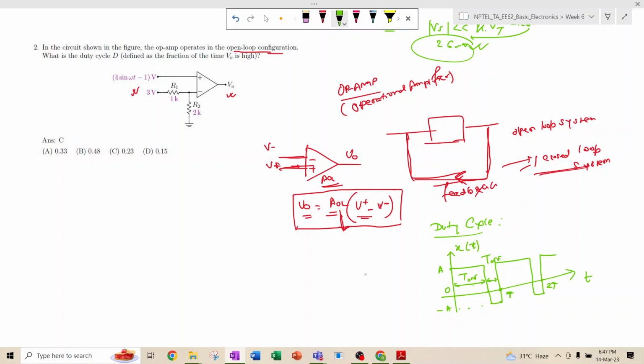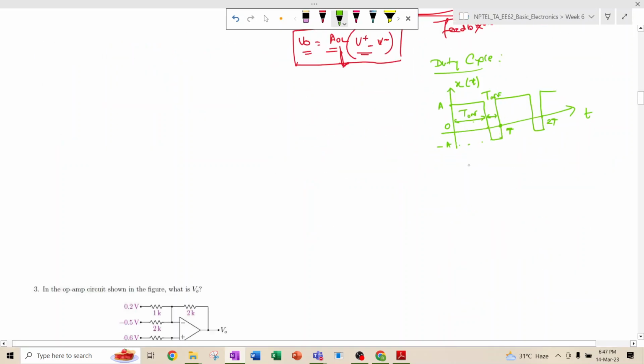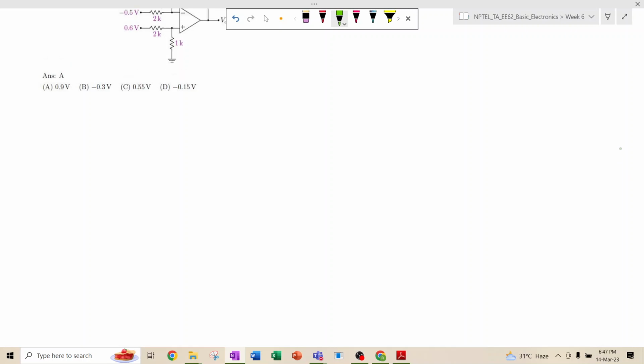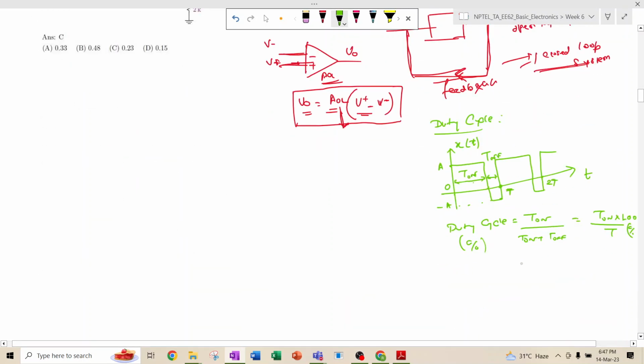So the duty cycle is T on divided by T on plus T off, that means T on divided by the entire time period T. We generally refer to duty cycle as a percentage, so if we multiply by 100, we get the percentage. Duty cycle percentage is T on by T into 100.